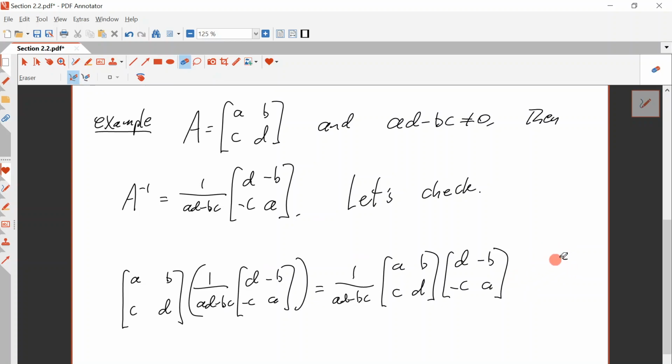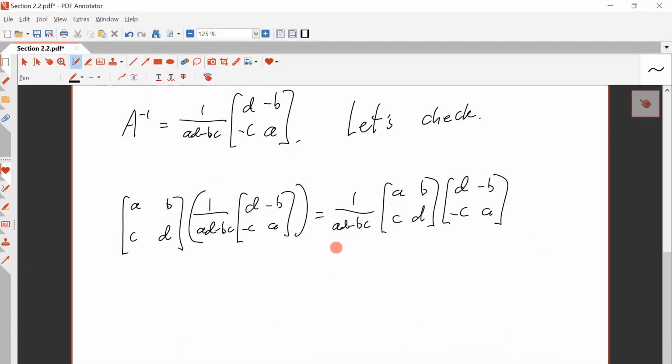Oops, I lost my coefficient there, the scalar, 1 over. So first row, first column, AD minus BC. First row, second column, minus AB plus AB, 0.